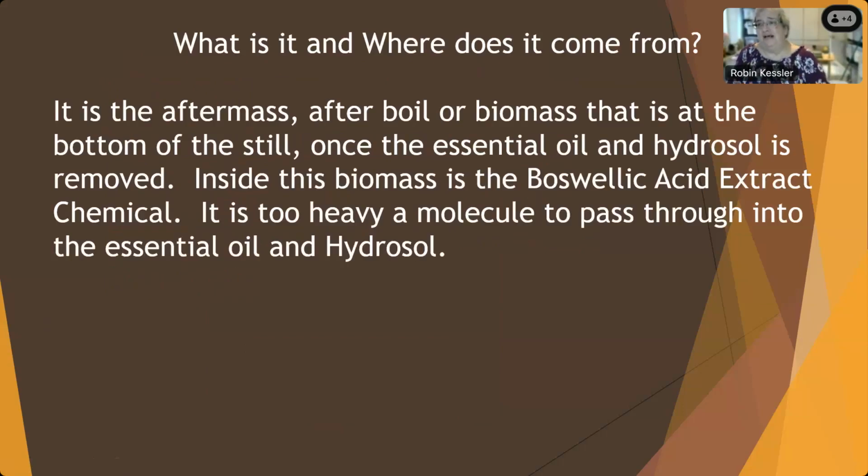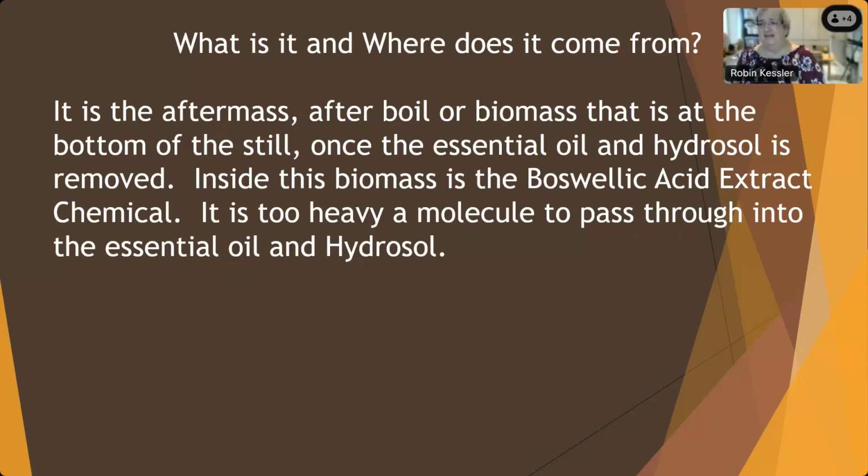So what is it and where does it come from? It's the aftermath after the boil. They call it either an aftermath or an afterboil or a biomass. It's on the bottom of the still when the still is in process of being distilled for the essential oil and the hydrosol.